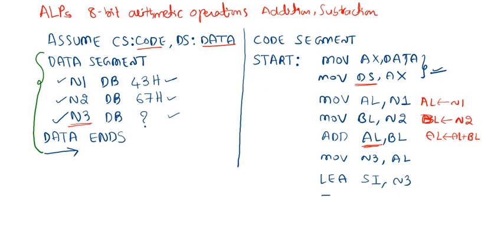After that, we are using the debug interrupt to monitor the results, the register content and everything. To debug this program, I am using INT 3H, the breakpoint interrupt for debug.